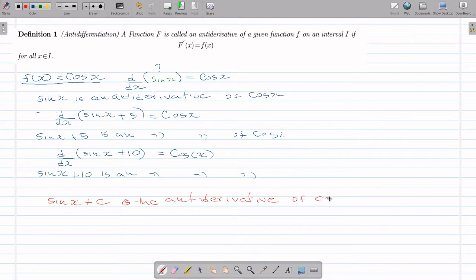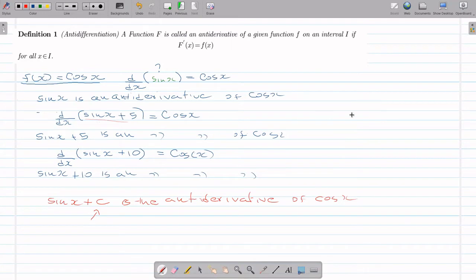Okay, so this c is a constant. It can be 0, then I get the first one. If I pick c to be 5, I get the second, c to be 10, the third, c to be 100, 1.5, some constant. So in general, there is more than one antiderivative, and I can use c.